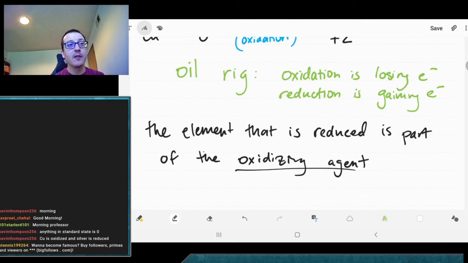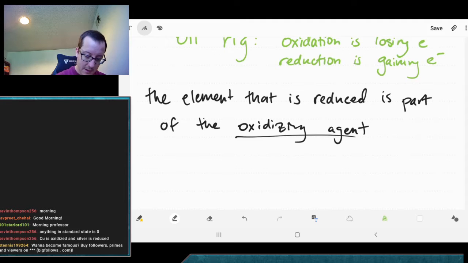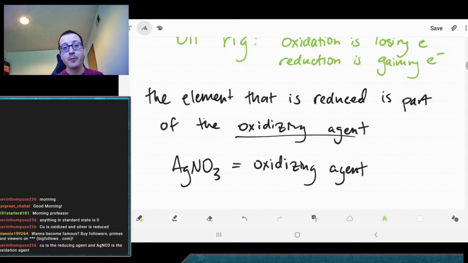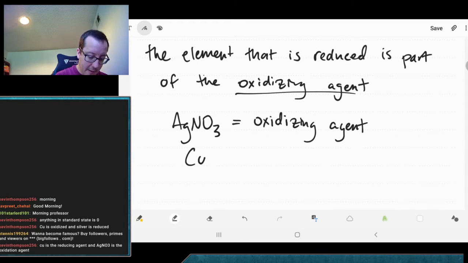And then vice versa, right? The one that is oxidized is part of the reducing agent. And so we're going to say here that our silver nitrate will be our oxidizing agent. And remember, agents are always going to be part of our reactants. And so we're going to see that copper will be our reducing agent.